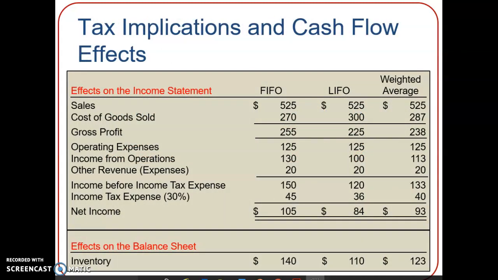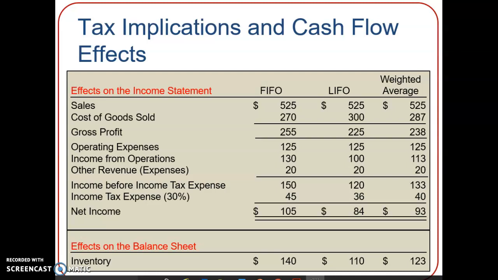So I just mentioned the impact of tax. There are other impacts. For example, we just mentioned the net income numbers are different. FIFO has the highest net income number because it has the highest income before income tax and also the highest tax expenses. LIFO is on the opposite side. And another impact is the cash flow effect.